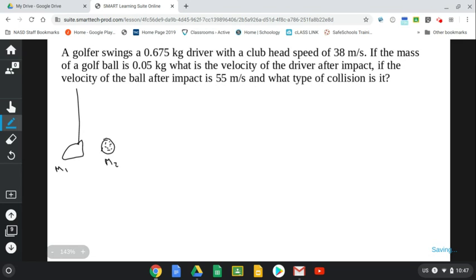We know that initially v2i is 0, right? The golf ball is at rest. And v1i, the golf club, is traveling with a velocity of 38 meters per second. Okay, so again, this is the initial conditions.